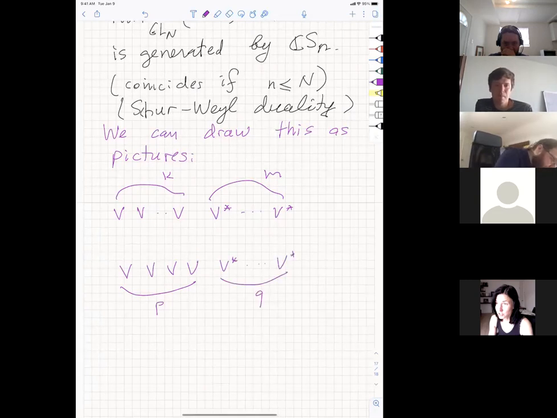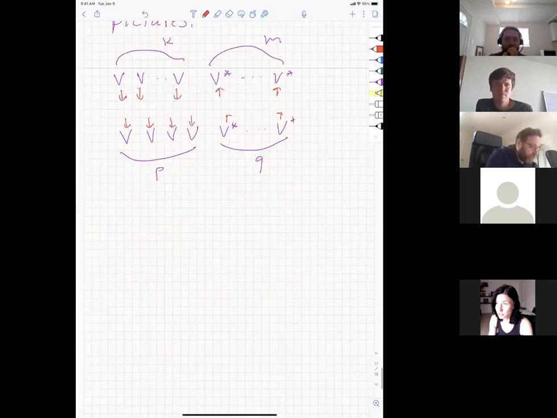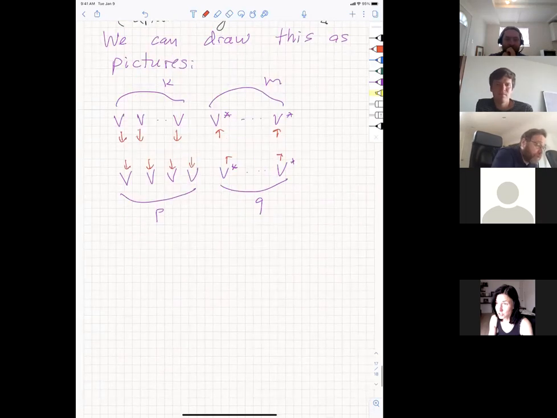I'm going to draw arrows: down arrows for V and up arrows for V star. Then I need to connect them in such a way that orientations are preserved and all the arrows are used.